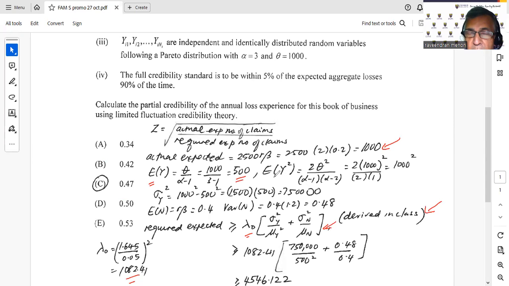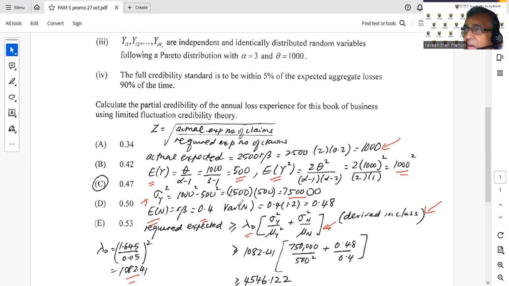The expected value of Y squared, look this up in your tables: 2 theta squared over alpha minus 1 times alpha minus 2. Plug in 2 times 1000 squared over 3 minus 1 and 3 minus 2, and you get 1000 squared. For the variance of Y, take the second moment minus the first moment squared, and you will get this number. The expected value of N, we know, is r beta, 0.4.